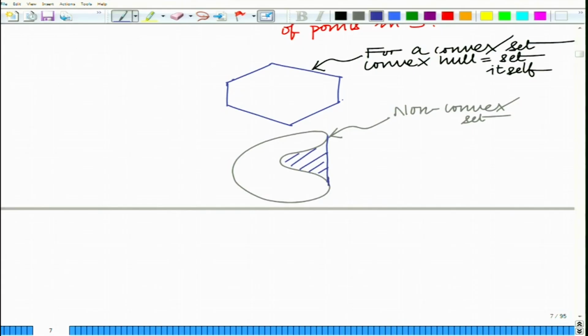Once you fill this, the entire set that you get is now the convex hull. So, the convex hull includes all the convex combinations of all the original points in the set S to convert it into a convex set. That is the convex hull of a given set S.